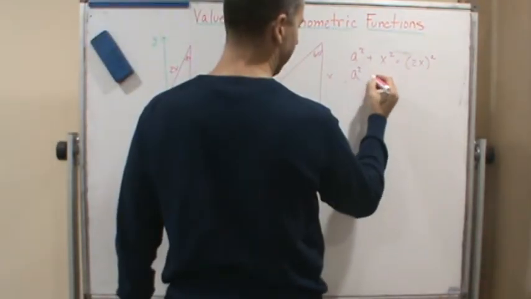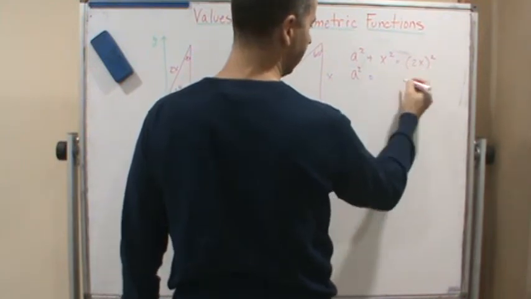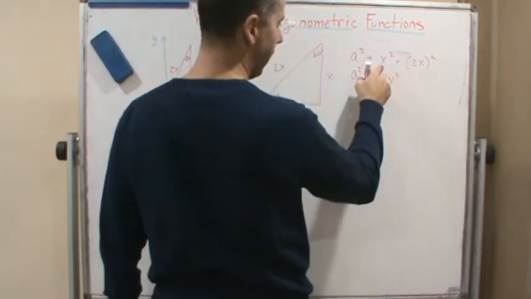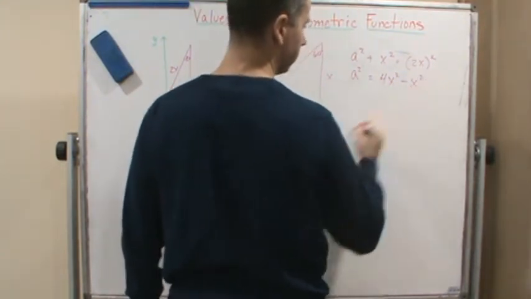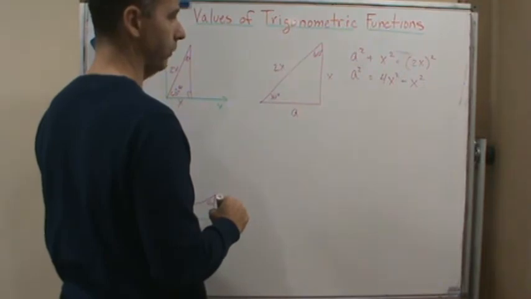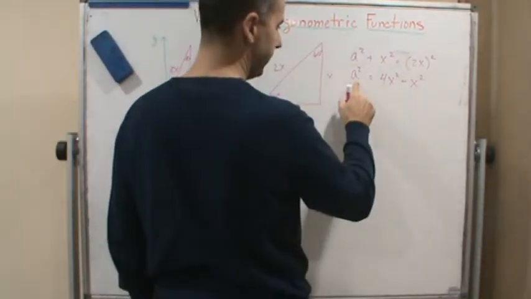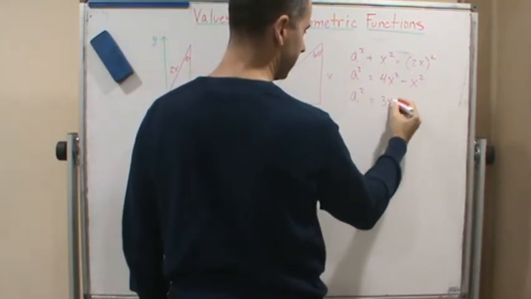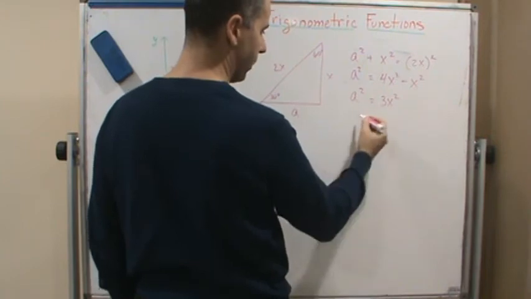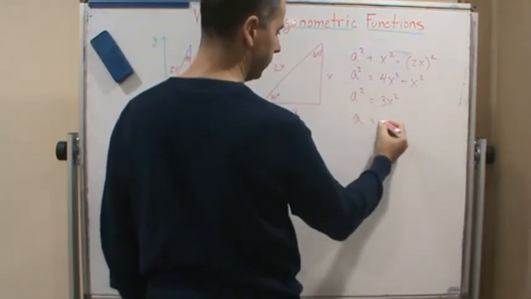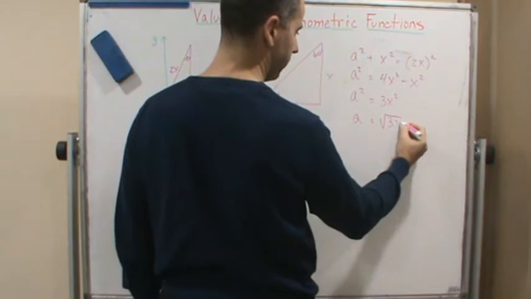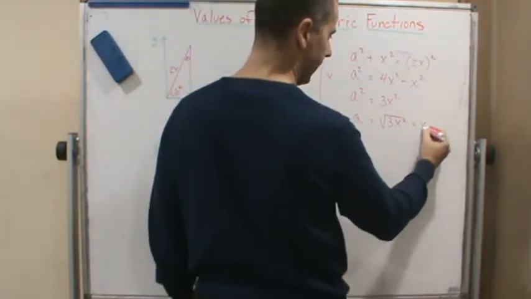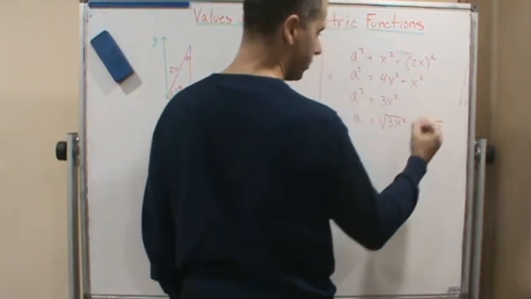So then a squared has to equal 4x squared minus x squared. If I simplify this, a squared equals 3x squared. Then if I take the square root of both sides, a equals the square root of 3x squared, which equals x times the square root of 3.